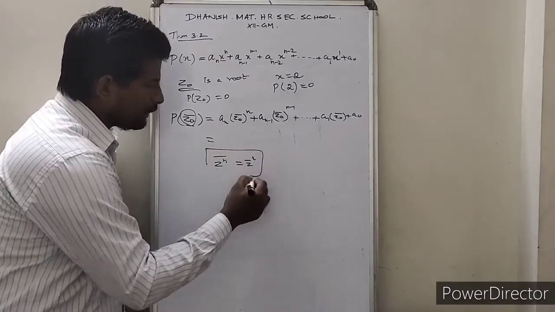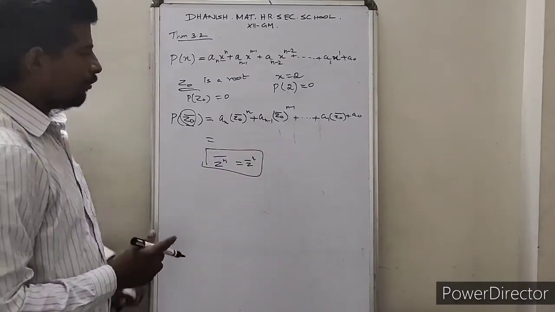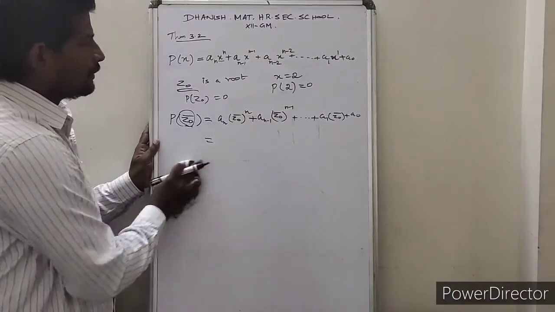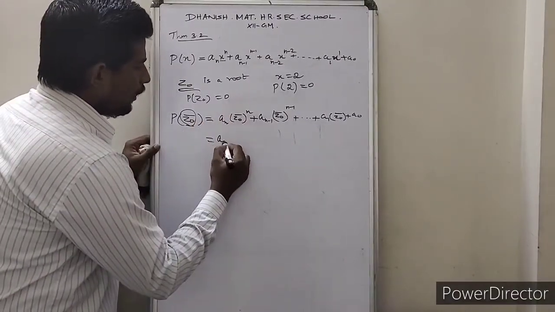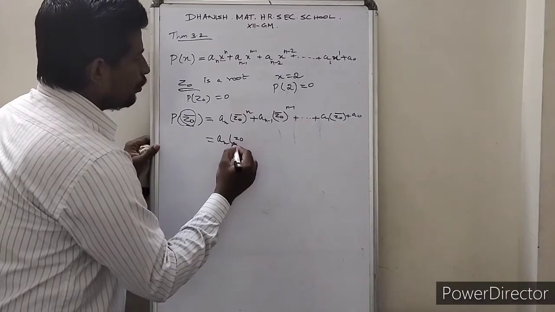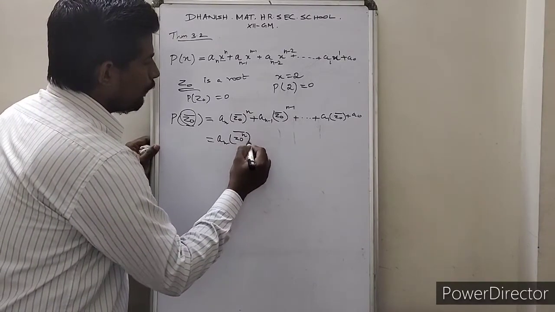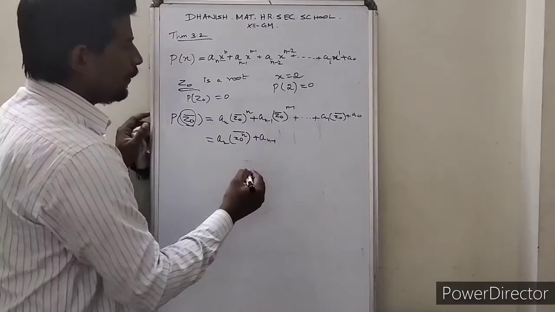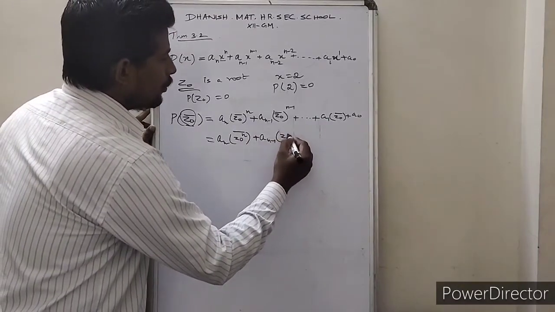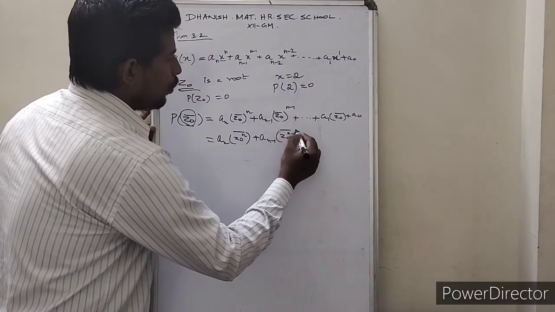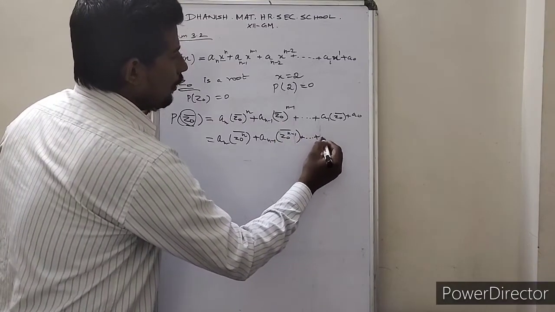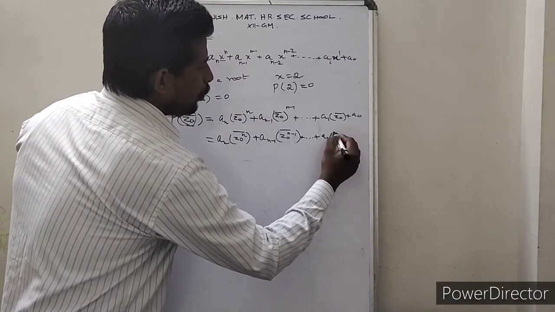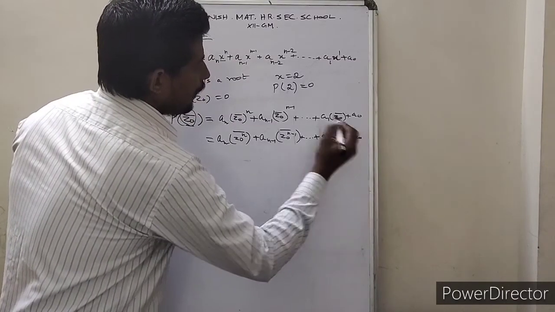By using this property, I rewrite this as a_n times the conjugate of z0 power n, plus a_(n-1) times the conjugate of z0 power n minus 1, plus etc., plus a_1 z0 bar plus a_0.